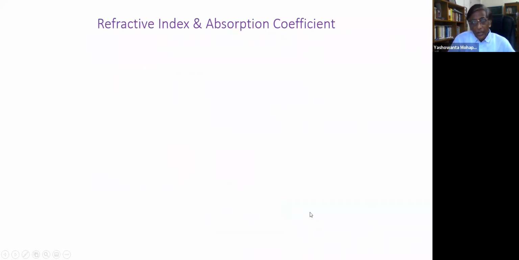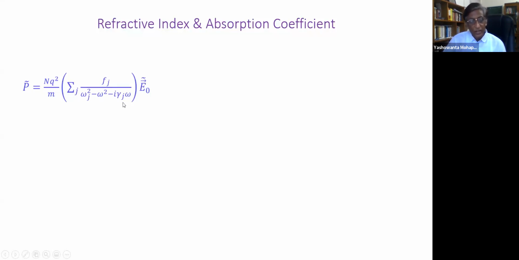So I can now look for the refractive index, which can also become complex. The two important constants we are talking about are the refractive index and the absorption coefficient. I'm just repeating what I obtained there, and this is my complex susceptibility.